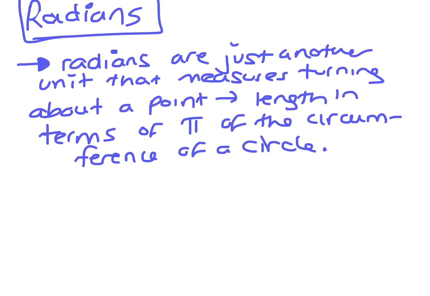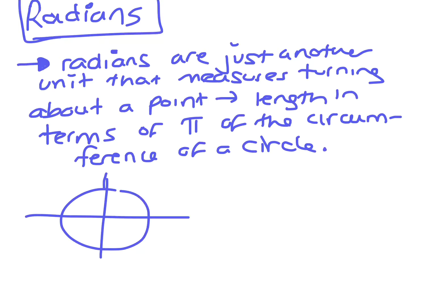So for example, if you have a unit circle, so a unit circle just means a circle of radius 1, and you turn around like this, usually we measure the amount of turning in degrees.